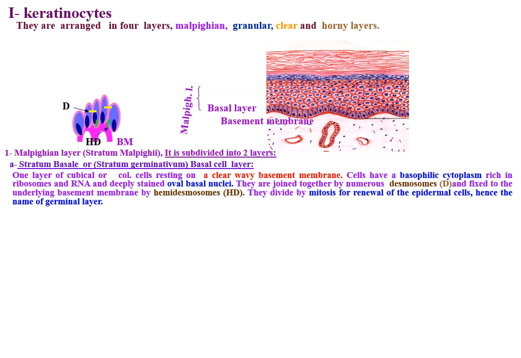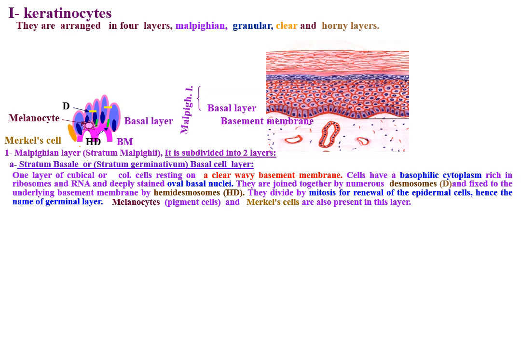Cells of stratum germinativum divide by mitosis for renewal of the epidermal cells, hence the name of germinal layer. Melanocytes or pigment cells and Merkel cells are also present in this layer.